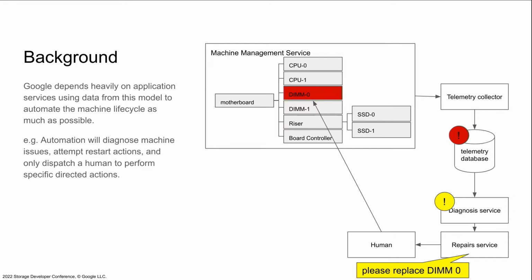We have diagnostic services which know how to parse information in this model format, and then we have repair services which know how to dispatch humans in order to replace and do actions on hardware identified in this data model. So this data model, the abstractions that it provides, permeates the entire automation stack.